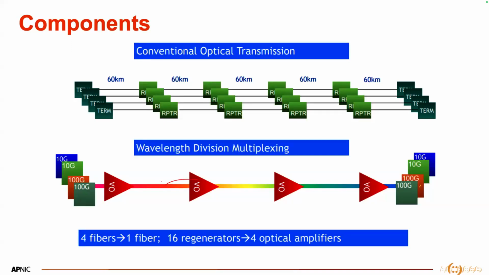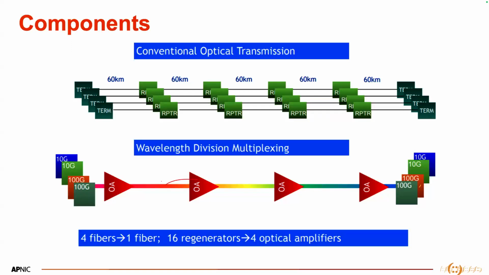For WDM, we use optical amplifiers. That means we do not have to regenerate the signal and we do not have to use repeaters. We can use the same signal, boost it, put gain on it, amplify it, and pass it forward to the next destination. This is the difference amplifiers make in your system.